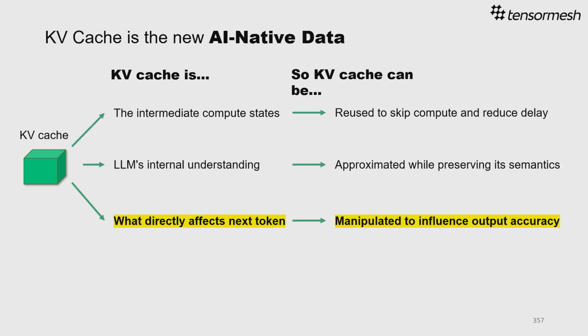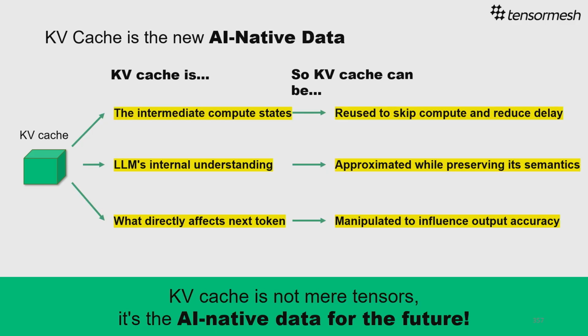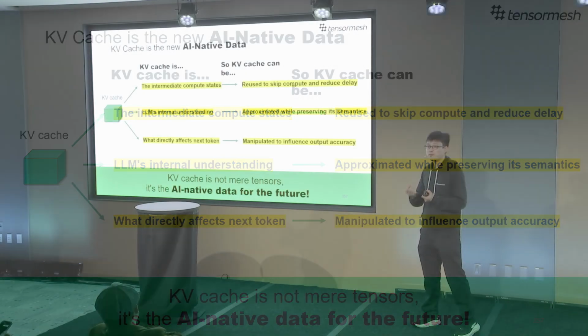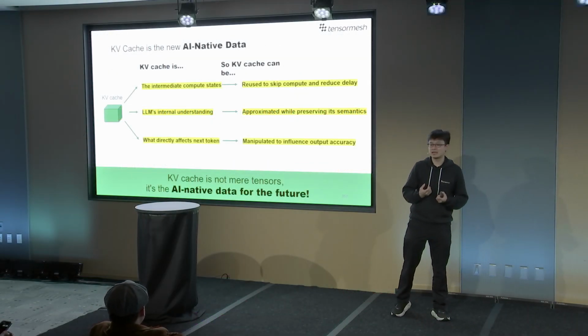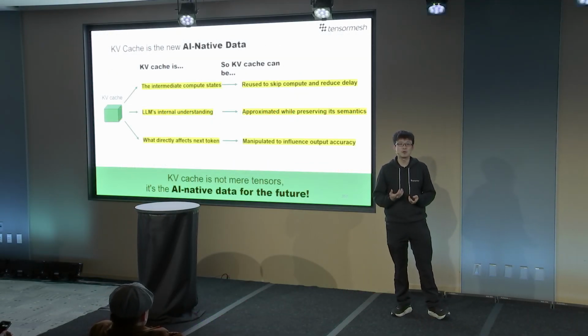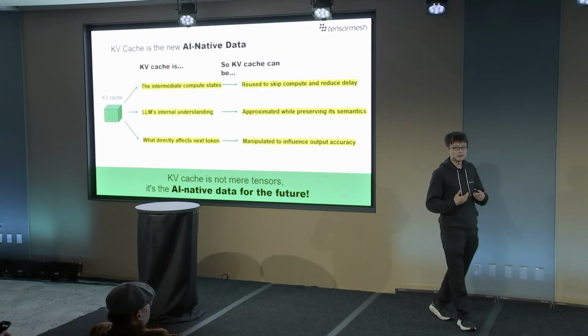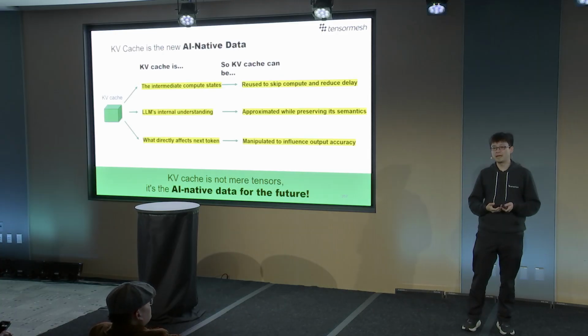You can change its output. So there are a lot of interesting things you can do about it. Essentially, KV cache shouldn't be viewed as just black box tensor data that cannot be changed. It's AI-native data that's manipulatable, that has value in itself. Okay? It's valuable data. And that's what we believe is going to be the future big data.